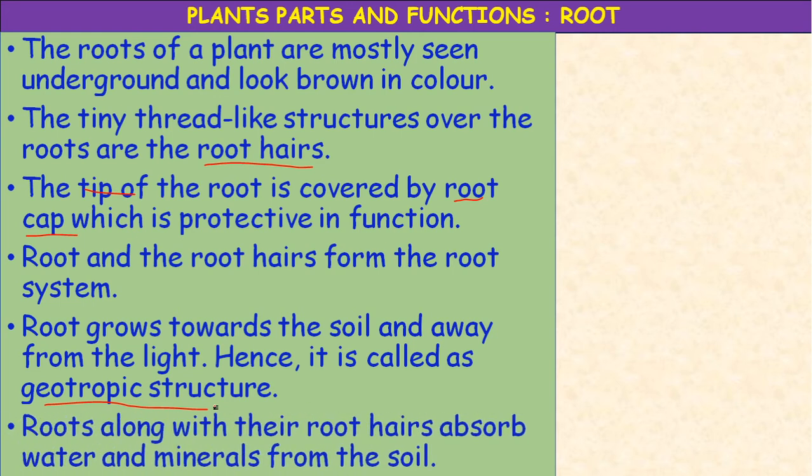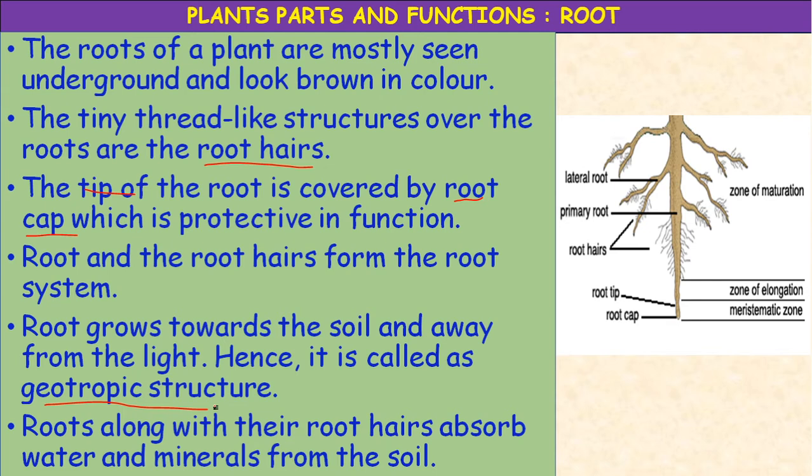Roots along with their root hairs absorb water and minerals from the soil. It is one of the primary functions of the roots. What is the main function of the root? It absorbs water and minerals from the soil.